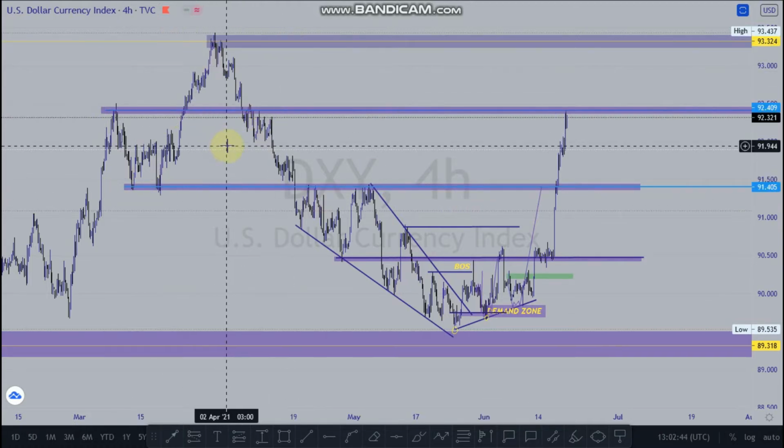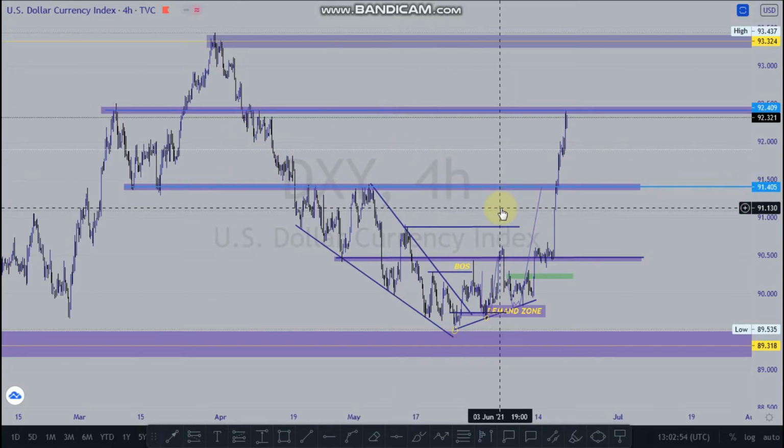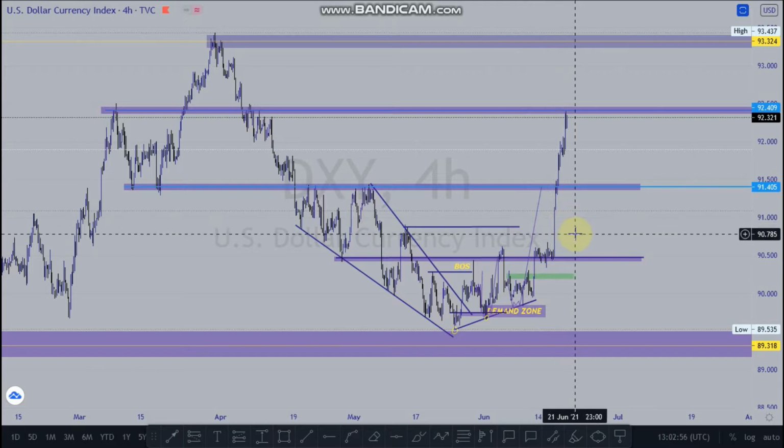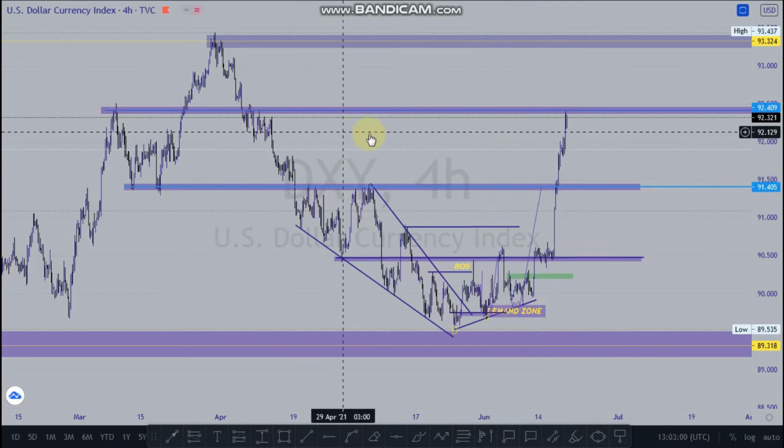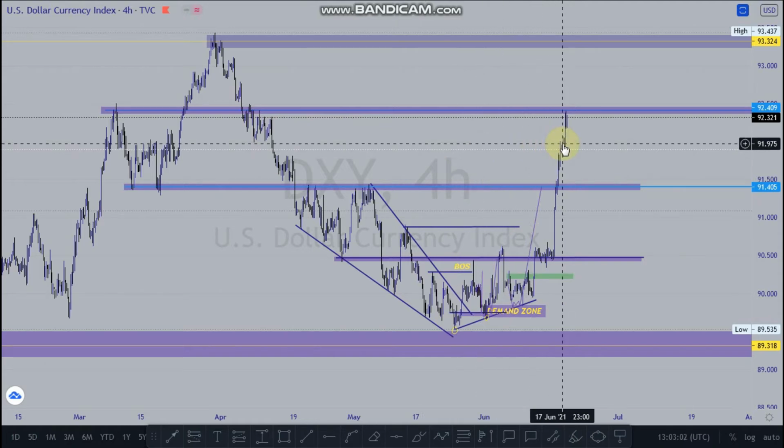where price has tested multiple times. When price gets to that region, there is something: it either retraces, or it breaks, retests and continues its movement. So for me to rely on the dollar this week, the dollar is at where it has to retrace.